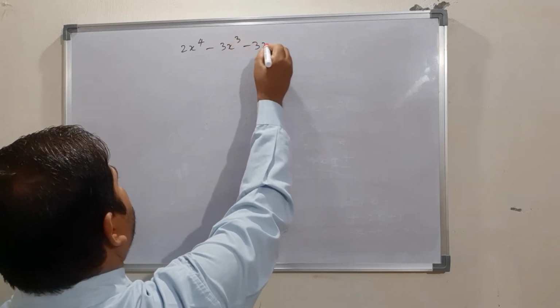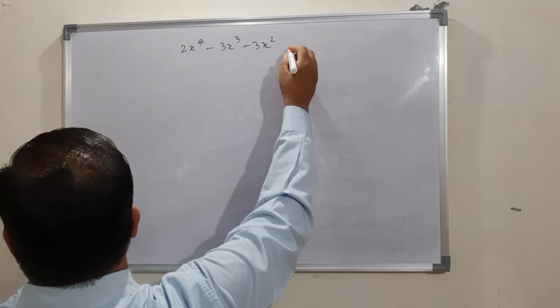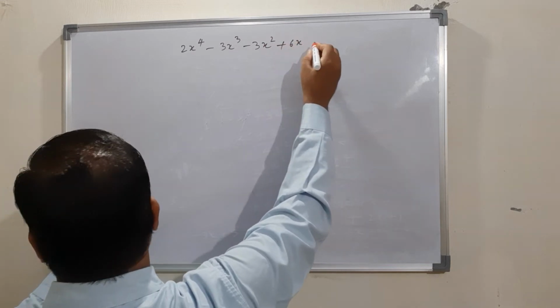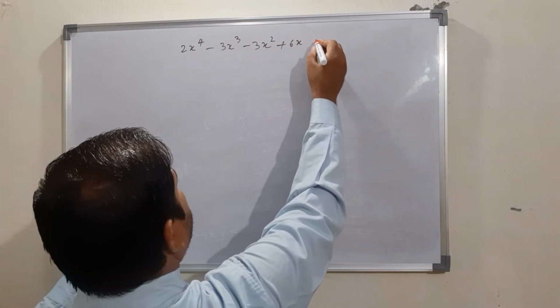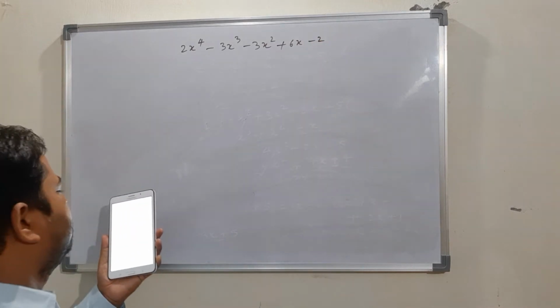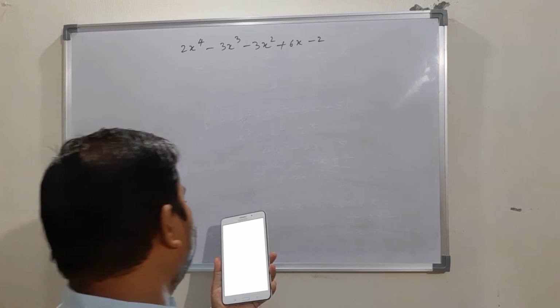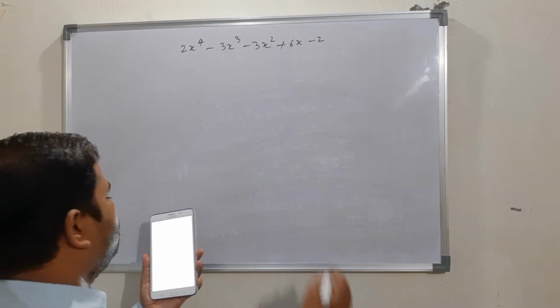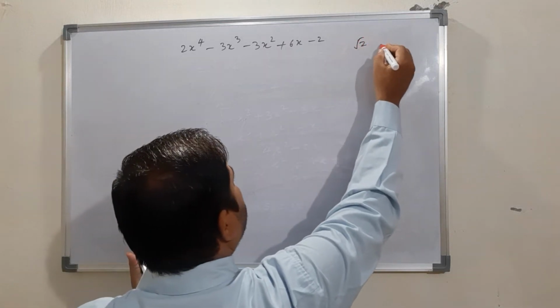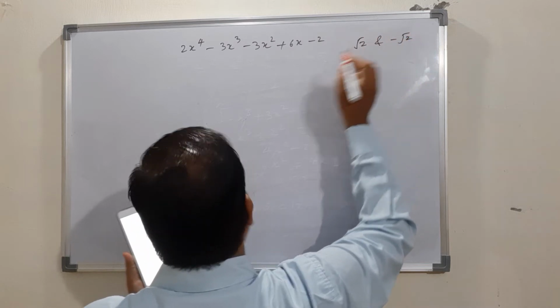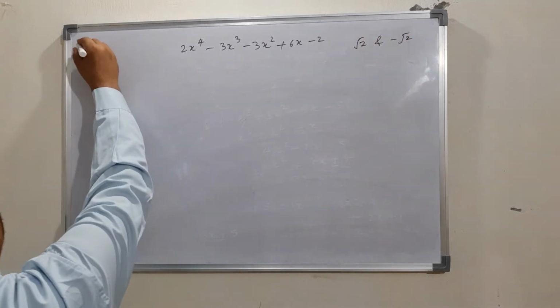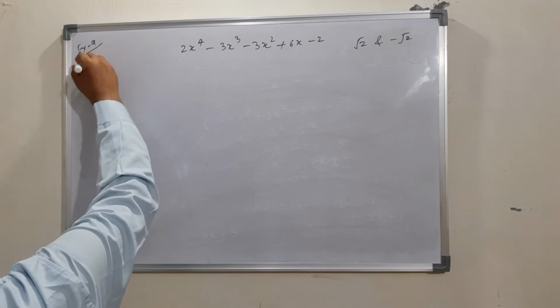cube minus 3x square plus 6x minus 2, if you know that two of its zeros are root 2 and minus root 2. So this is question example number 9 from the NCERT book.